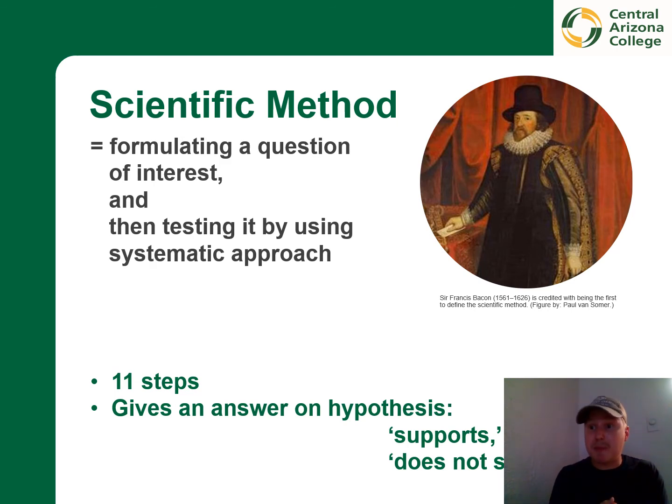The number of steps varies depending on who you ask, which gives in the end a clear answer whether the hypothesis that we formulated is supported or not. And then we must do something with this finding. So why don't we have a look at these steps as the next thing that we do?